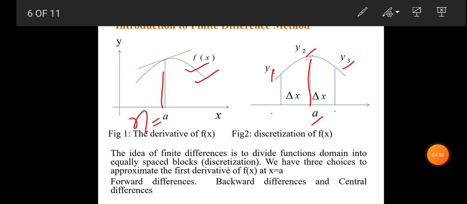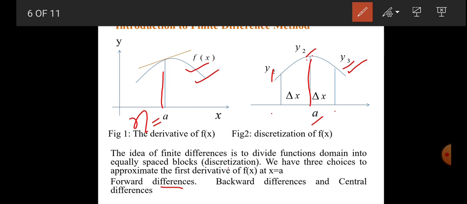Now first, what is the forward difference method. By taking the forward difference, we can solve this domain or function. Forward difference means we have to take y3, which is a forward element or forward point.